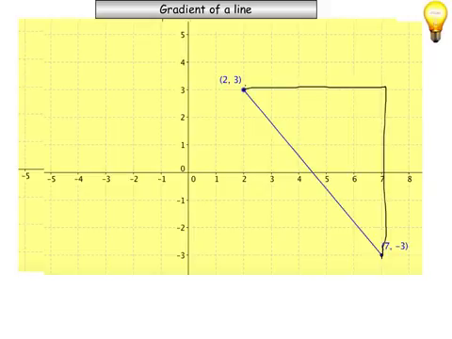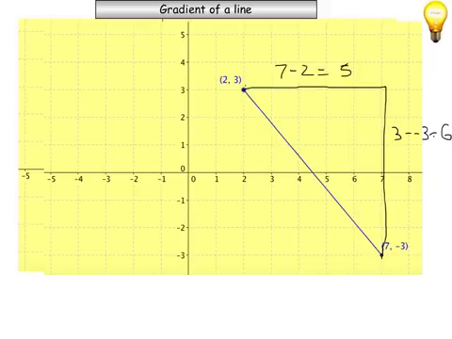So in this case, this is going to be a negative gradient because the y value is actually decreasing as x increases. So to do this, what we need to do is again find the difference between the two. So here it would be 7 minus 2, which gives us 5. The difference in the y direction, which would be 3 minus -3, which gives us 6.